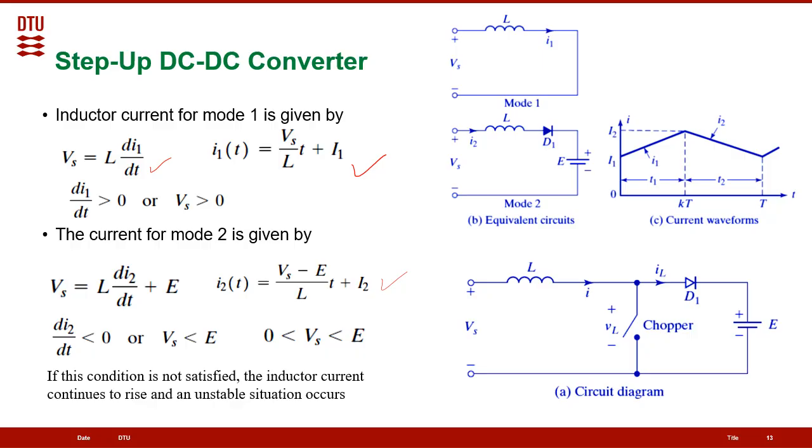If these conditions are satisfied, the inductor current continues. If this condition is not satisfied, then the inductor current continues to rise, because in each cycle the inductor current is increased, but there is not enough time to discharge this energy, so every cycle the inductor current will just increase.